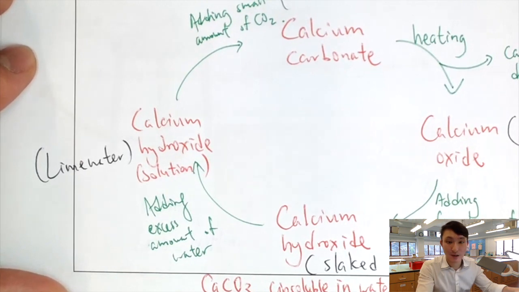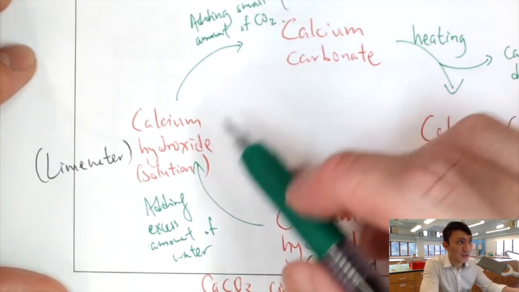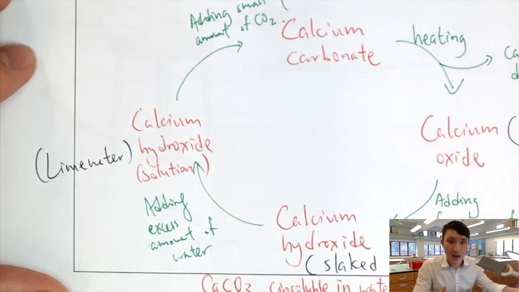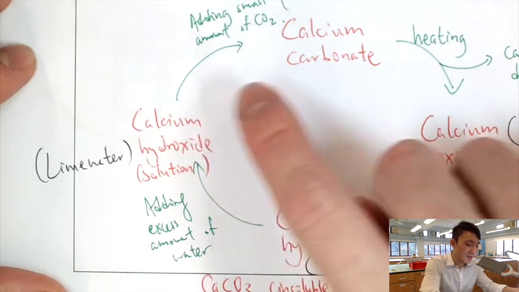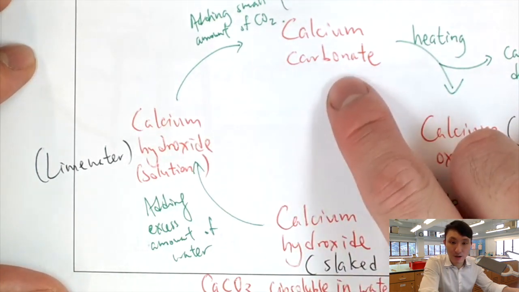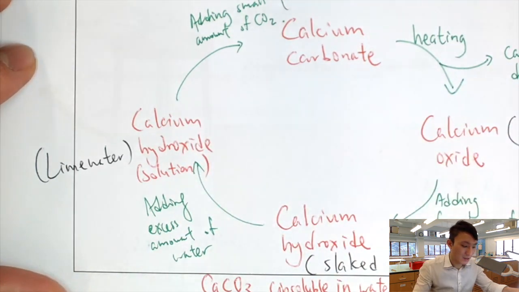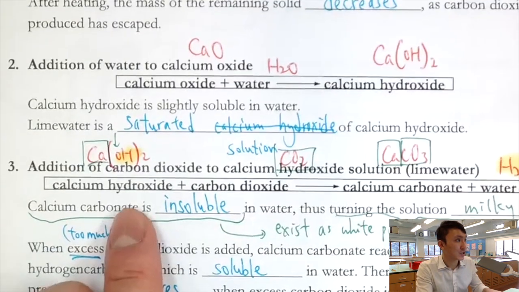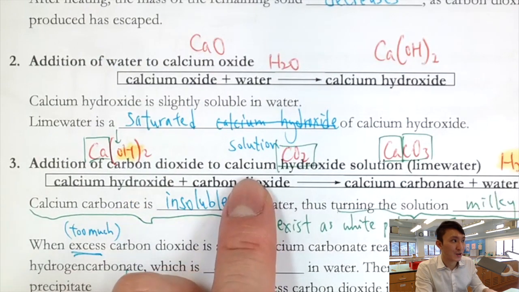So this is basically the lime water test, right? If you add a small amount of CO2, then the calcium hydroxide reacts with carbon dioxide to form calcium carbonate and water. The formation of insoluble calcium carbonate will result in a white precipitate. That's why it turns the solution milky. Okay, so this one is referring to this one. Addition of carbon dioxide to calcium hydroxide.